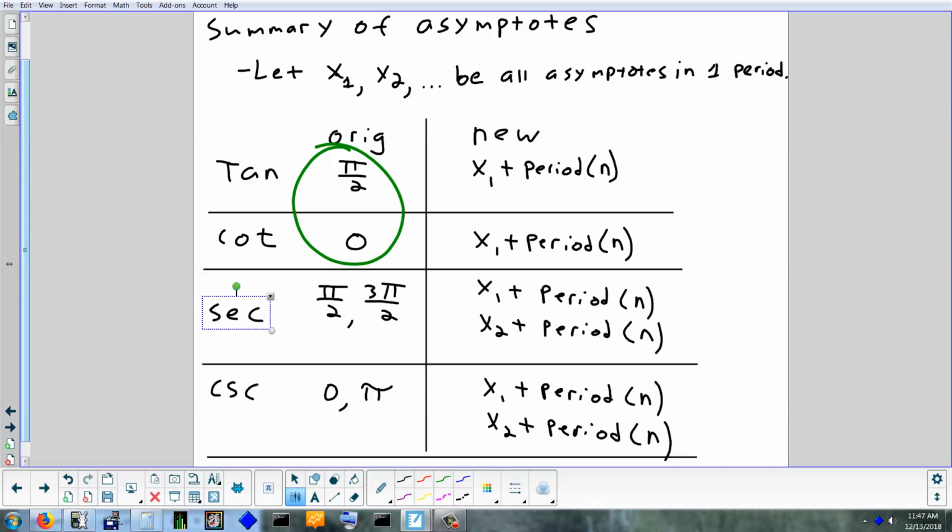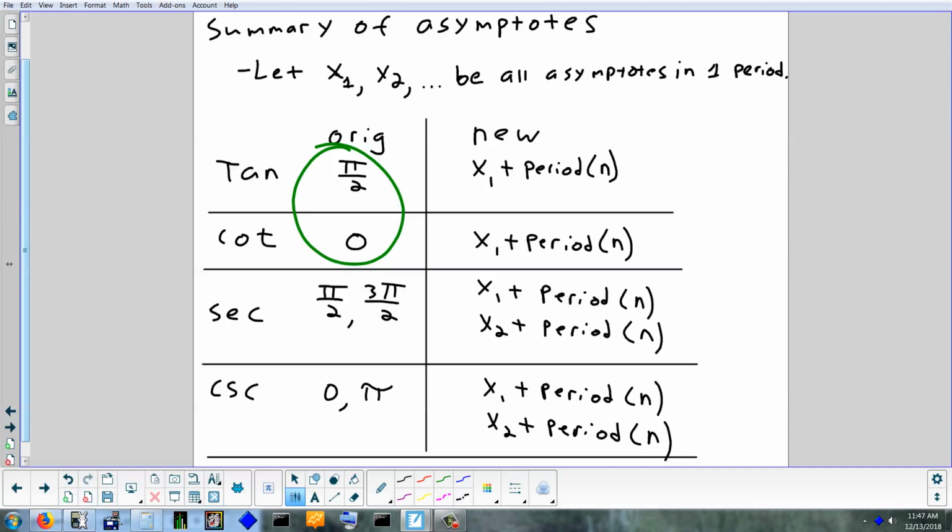For secant, I think to myself, okay, secant, where's the first time that cosine hits 0? That's at pi over 2. What's the next time cosine hits 0? The 3/4 mark in the period, or 3 pi over 2. And then for cosecant, now in my head I'm thinking about sine.